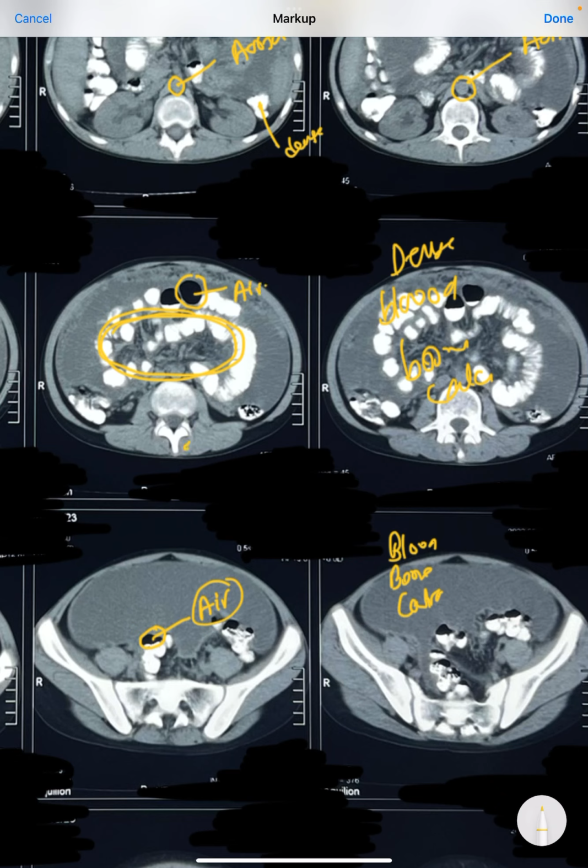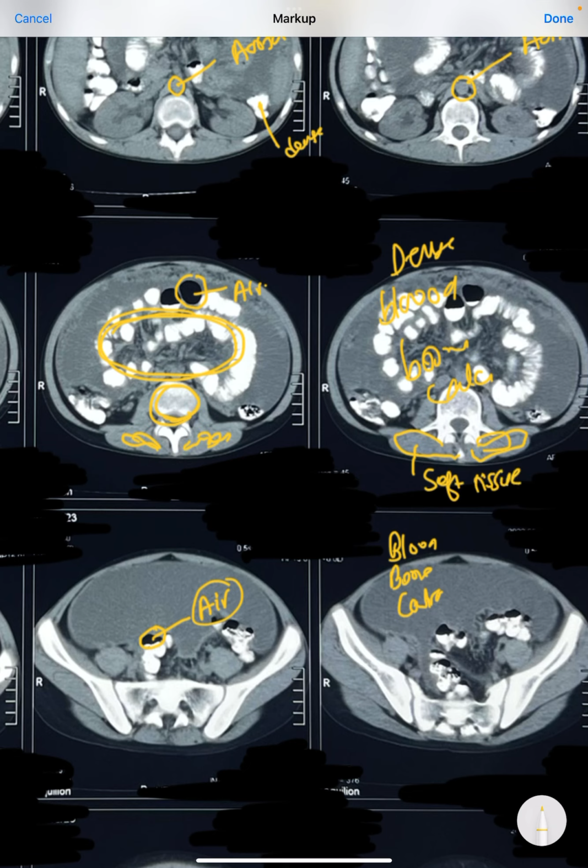And these are all muscles. These are the muscles of the back because this is the spine. This is the vertebral body. These are the back muscles, the erector muscles which keep our back straight. So this is the radial density of soft tissue.